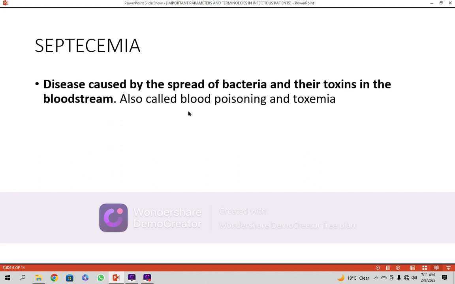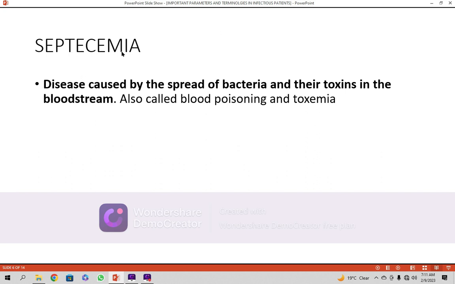And rather, a wall is created. Inside this wall, the bacteria are multiplying, and a gush of bacteria now enters into the blood. It is a quantitative definition, it is not a qualitative definition.